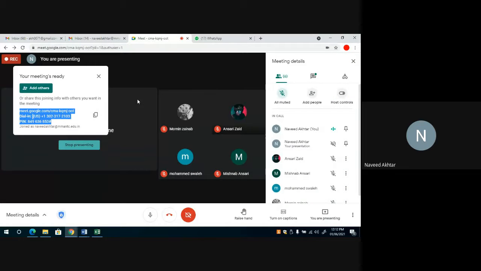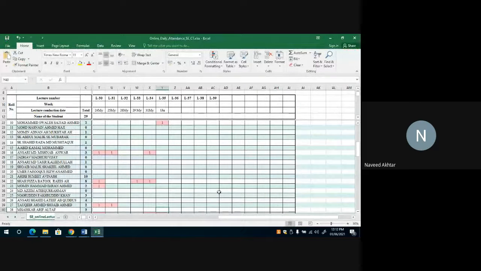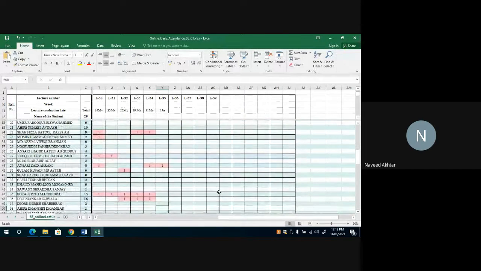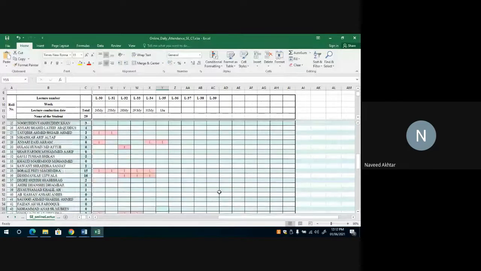So go and check your roll number. Go and check. What is your roll number?